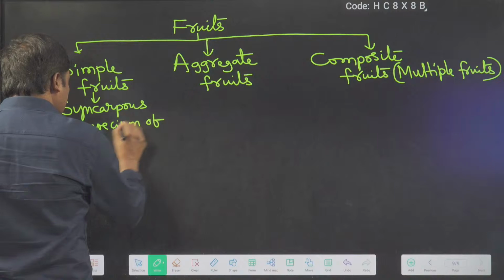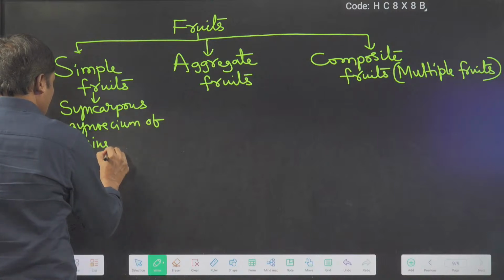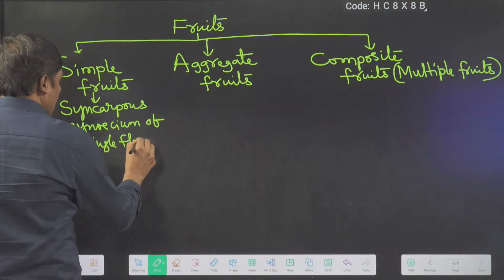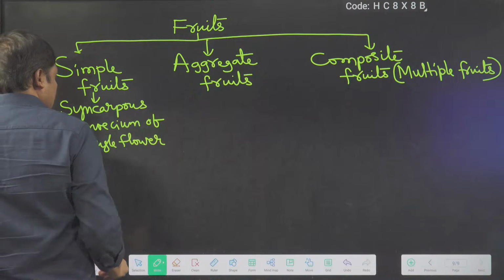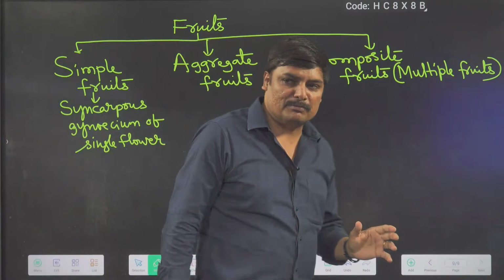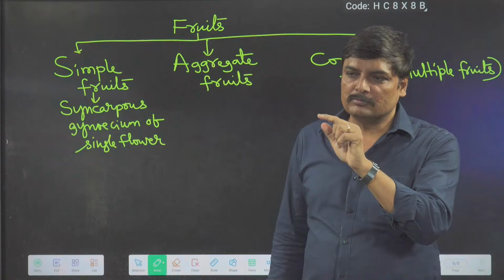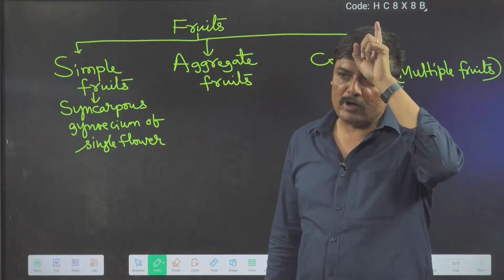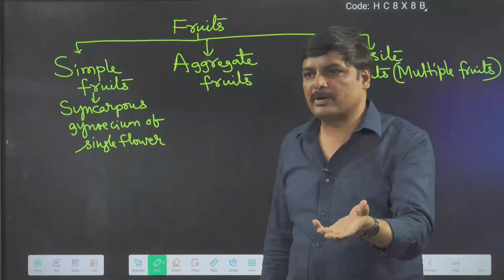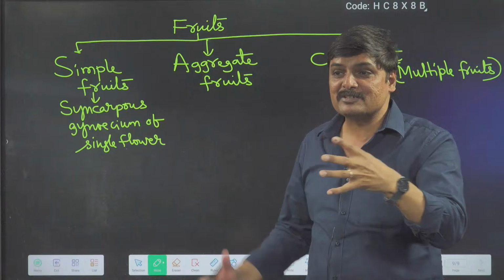If a fruit develops from a single flower which contains either one carpel or several carpels, but all the carpels must be fused.